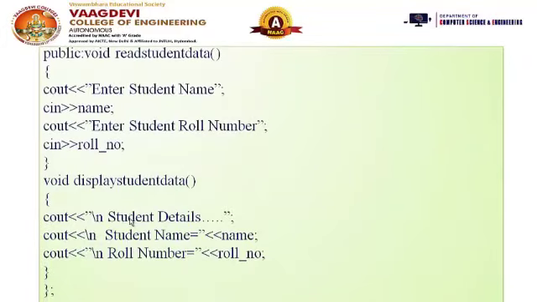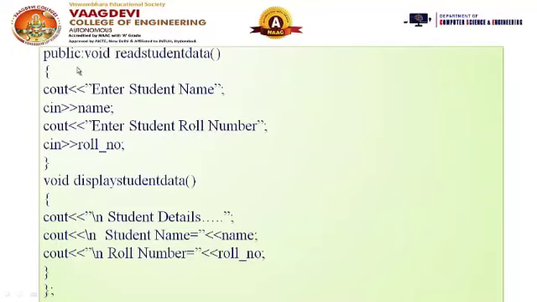In C++, the member function can be defined inside the class or outside the class. Here I am defining the functions within the class, and the functions are read student data, display student data. The members that are defined under the public section are called public members.